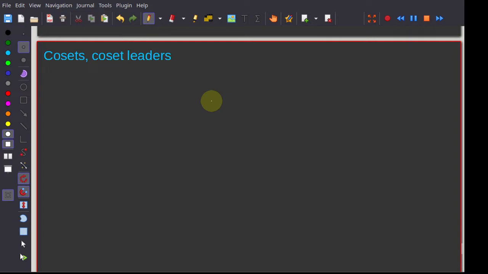So let's think about the space of, this is a picture which is not accurately depicting the geometry, but let's think of this as the space of all possible vectors. So this is F to the n.